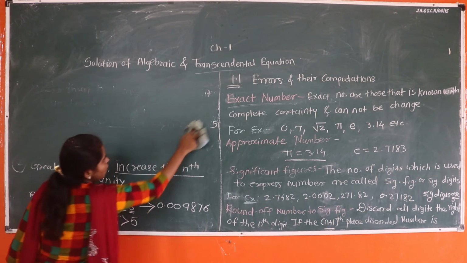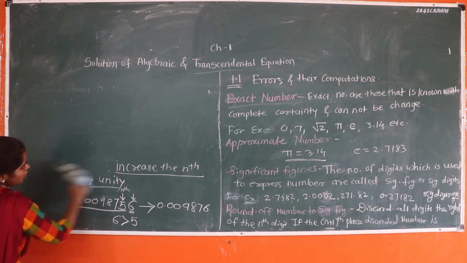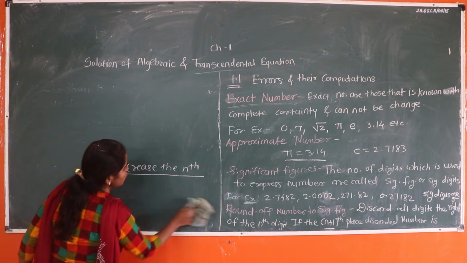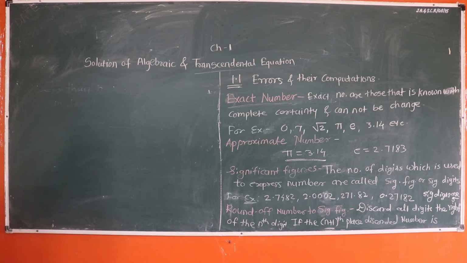Third rule is for when at the n plus 1 place the digit is exactly 5. First we said the digit is greater than 5 or less than 5.